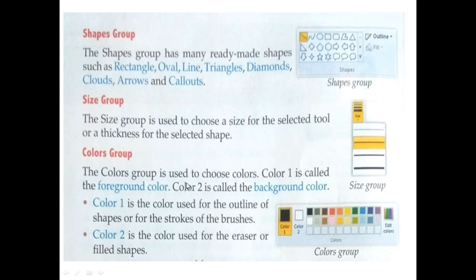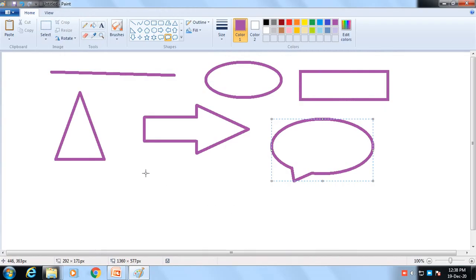Okay, next is colors group. The colors group is used to choose color. Color 1 is called the foreground color and color 2 is called background color. Why color 1 is called foreground and color 2 is called background? Let's see. As you can see, two colors are there, color 1 and color 2. Color 1 is called foreground because when we draw an image, as you can see, color 1 is in purple color.